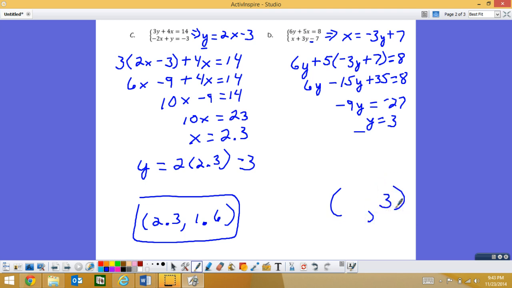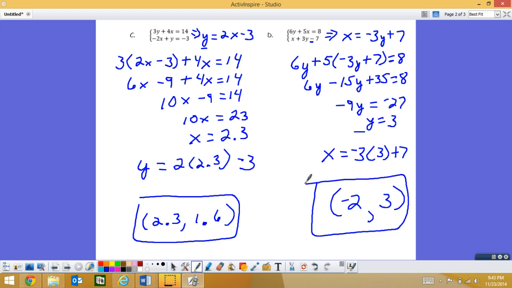To find the x-coordinate, we substitute it back into here. x is equal to negative 3 times 3 plus 7. That's negative 9 plus 7, which is negative 2. And then a quick check: 18 minus 10 is in fact 8, and negative 2 plus 9 is in fact 7.